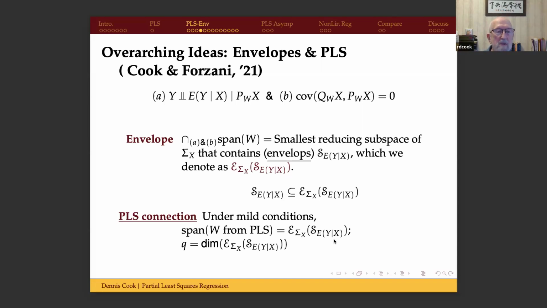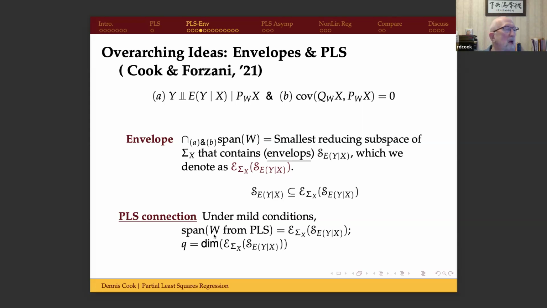Its algorithm produces an estimate of a basis for the sigma X envelope of the central mean subspace. Q is now interpreted as the dimension of that subspace. So that's the link. PLS is basically an envelope method.